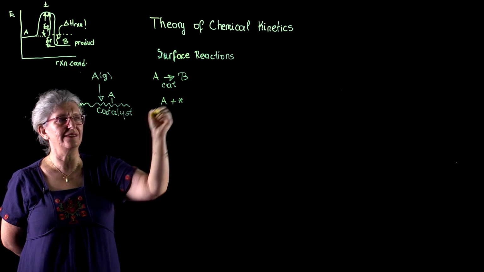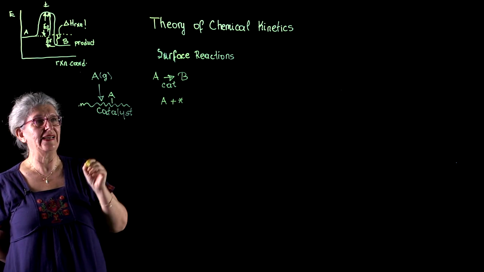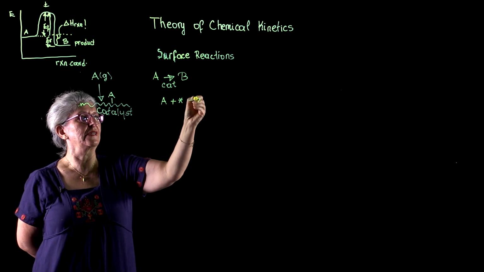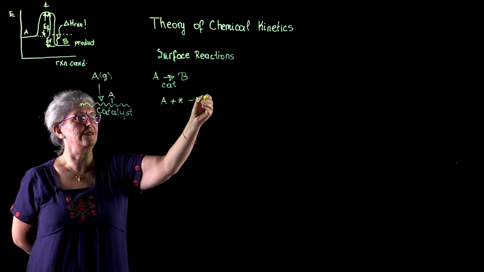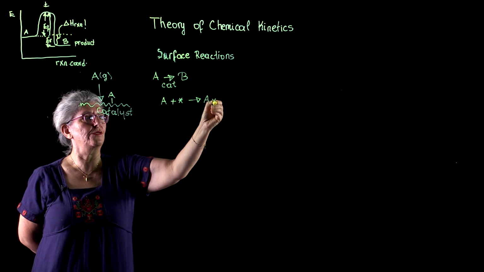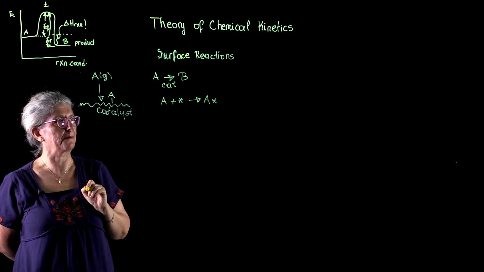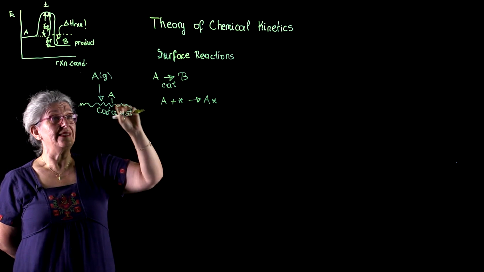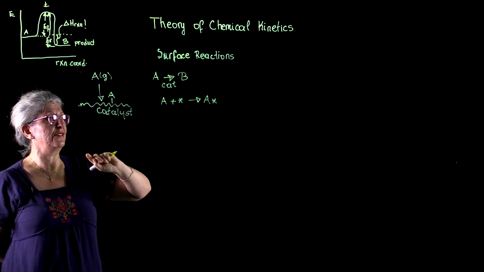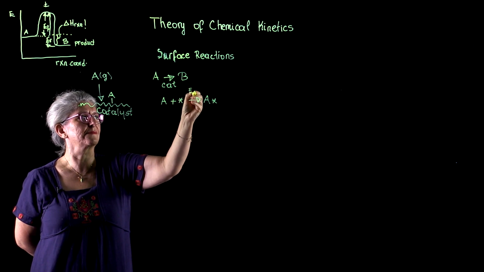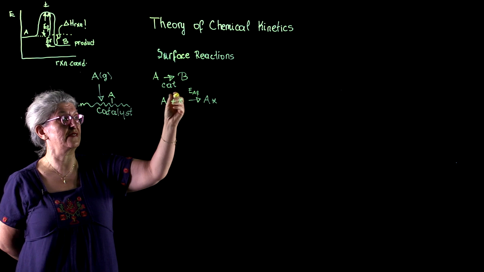This star symbol will represent an active site on the catalyst surface, and this is going to form a surface-bound species. This reaction, by its nature, is not activated if it is elementary, if it is a single step.